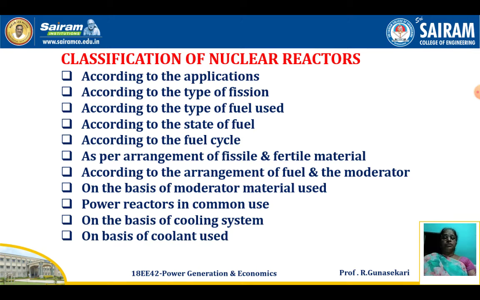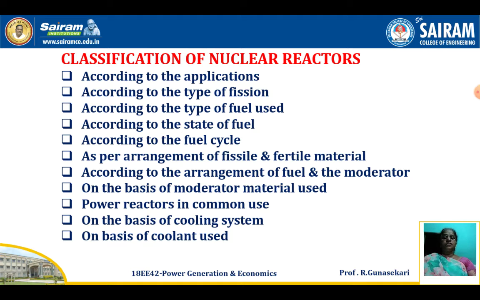So, based on the fissile and fertile material, we classify the nuclear reactor. Then according to the arrangement of fuel and the moderator. The moderator is one of the components of the nuclear reactor, and then fuel. Based on these two parameters, we classify the nuclear reactor.